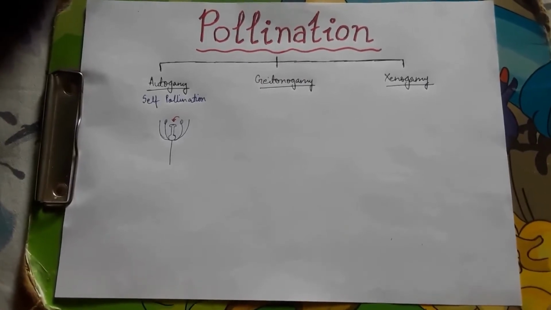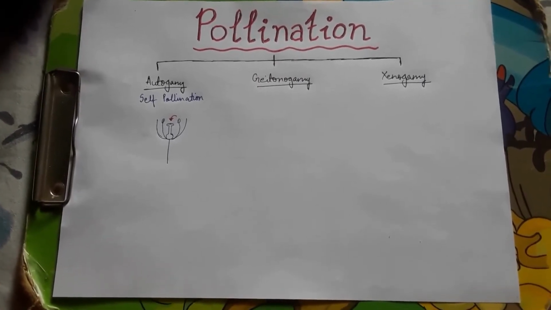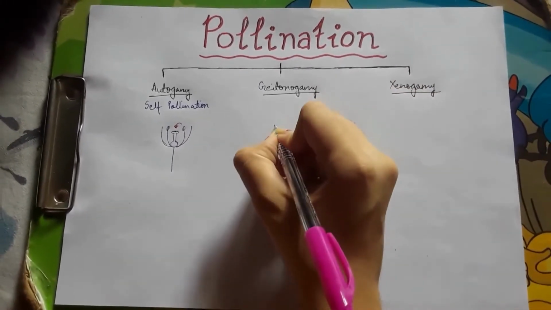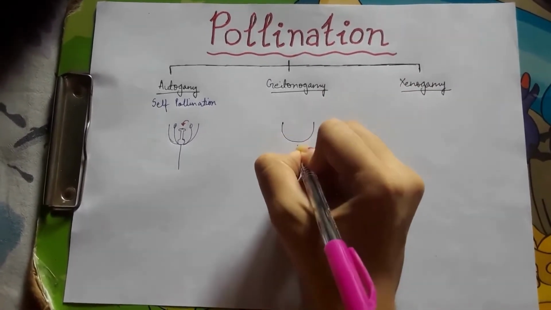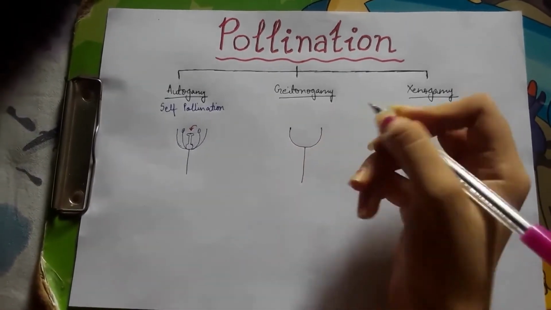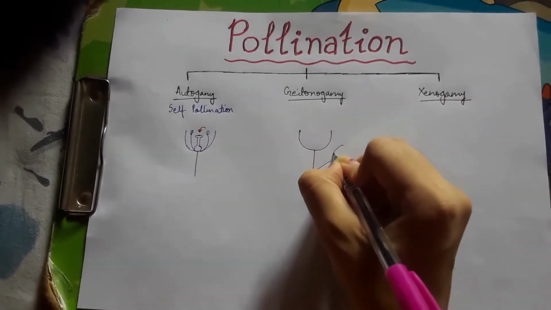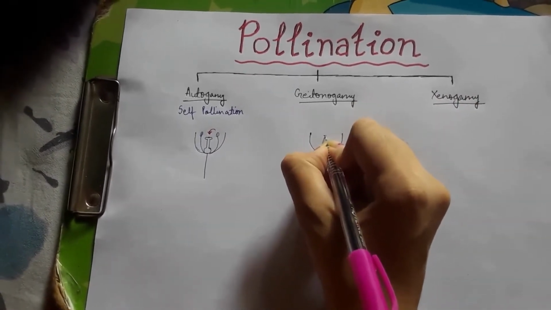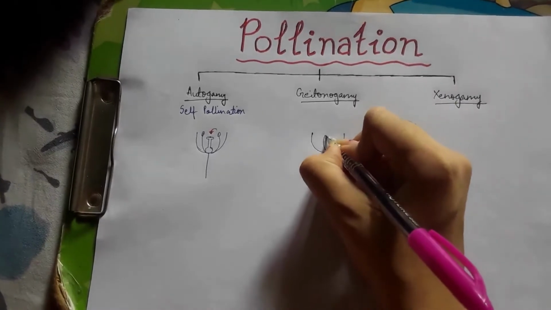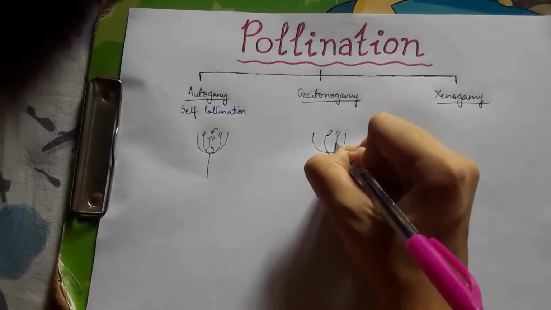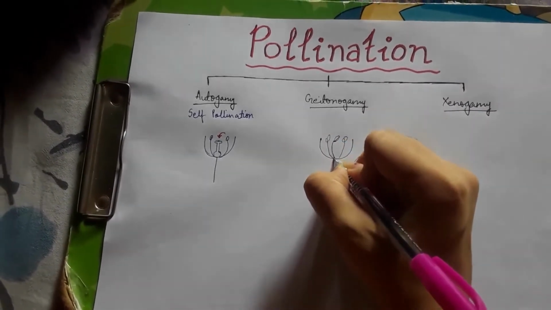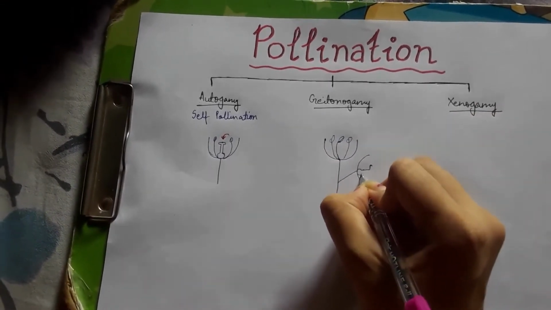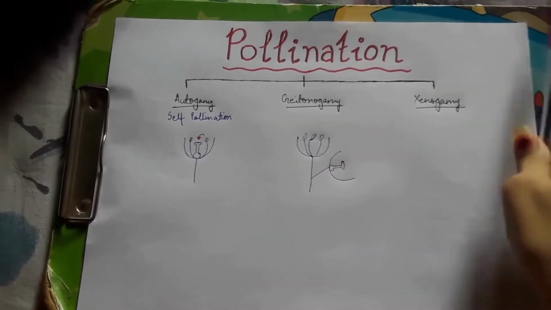Next is Geitonogamy, which is transfer of pollen from anther to stigma of another flower on the same plant. So let me show you. This is the flower and this is another flower. Now here we have the anthers and here we have the stick like this.